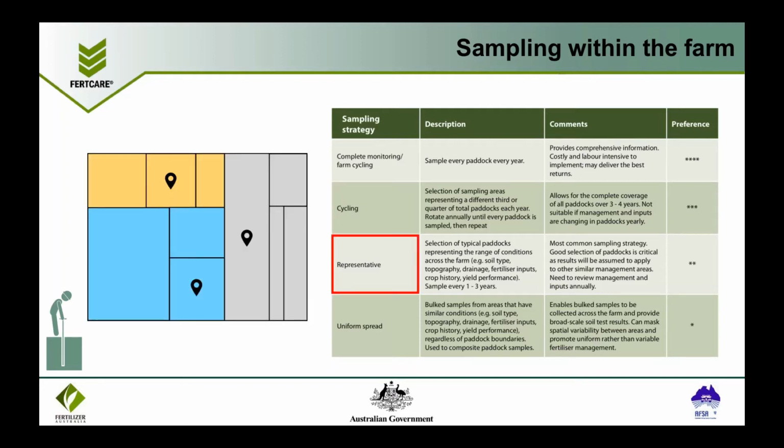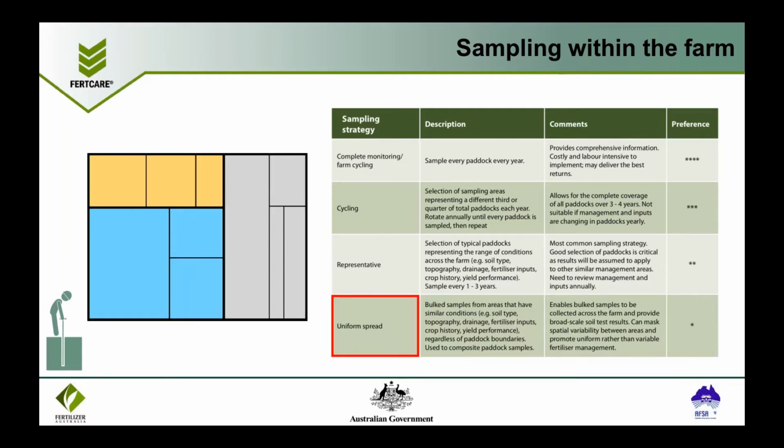Another approach that's used is to take a representative sample. And this is certainly strongly advocated in the dairy industry, where you might identify what's known as a typical or a representative paddock within a zone, and you take a sample within that typical or representative paddock to make fertiliser decisions for the rest of the paddocks within that particular zone.